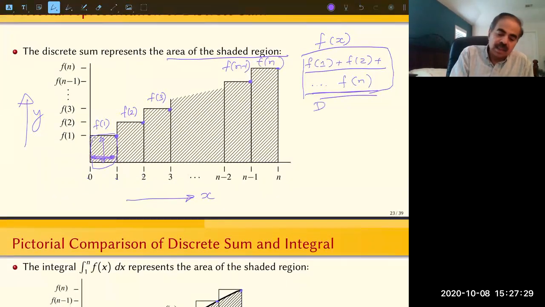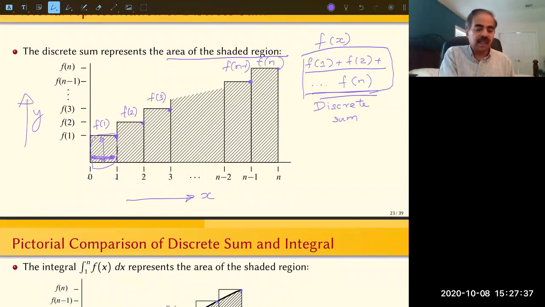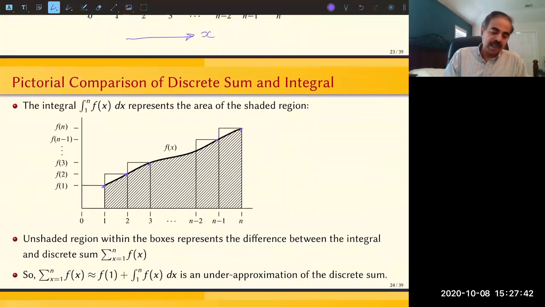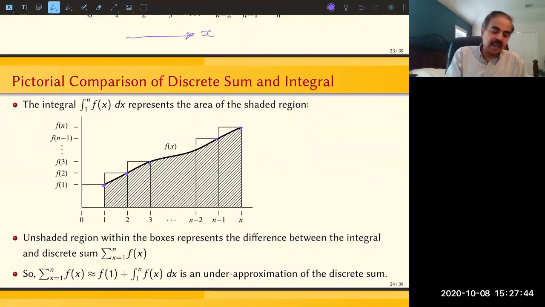And as such, the discrete sum, as it is called, or the summation, is called the discrete sum because it is taken at discrete points like 1, 2, 3, and so on. And this area under the curve you could think of as a sort of continuous sum. But the point is that the definition of the integral is the area under the curve f of x.